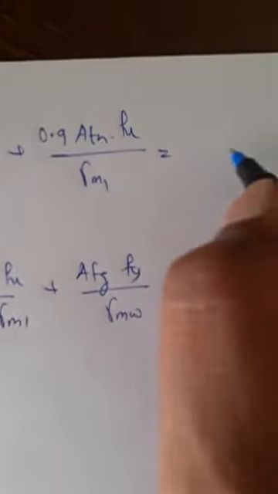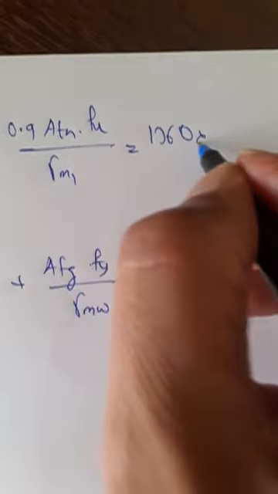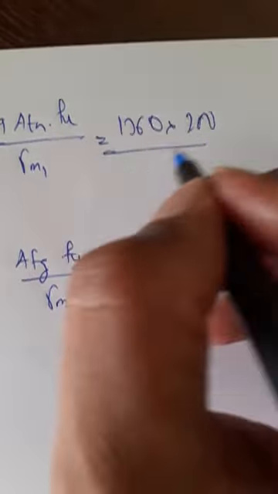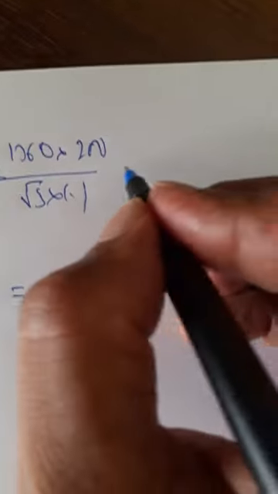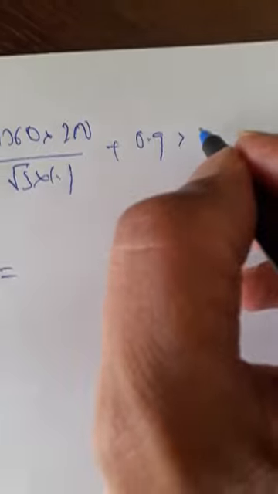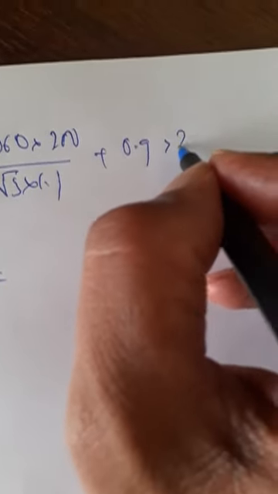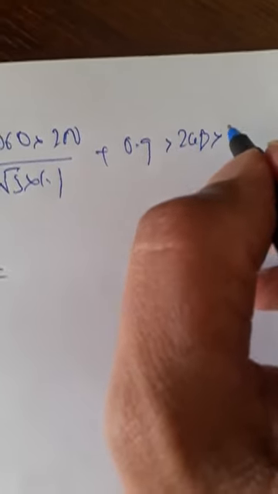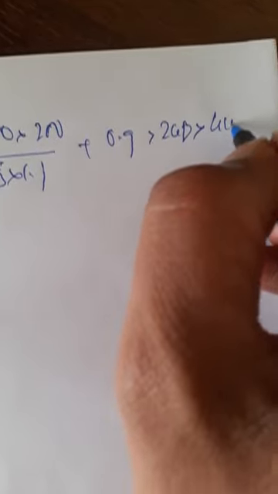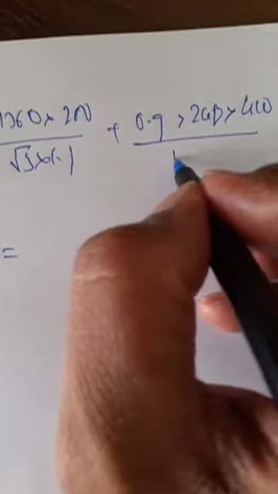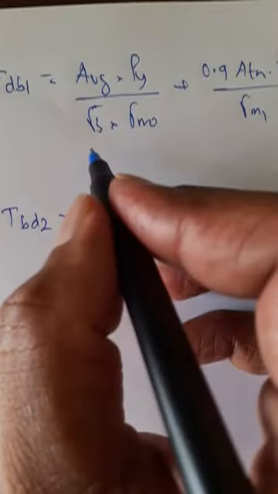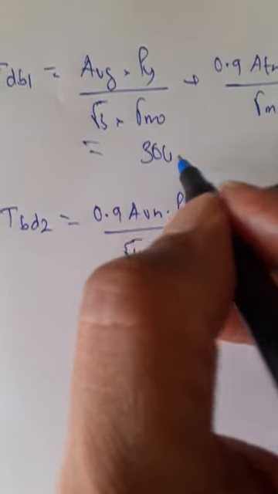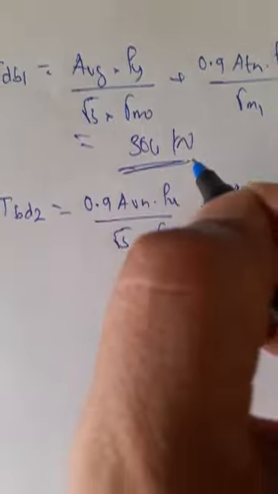AVG into Fy: AVG is 1760 into Fy 250 divided by root 3 into 1.1, plus 0.9 ATN, 248 into Fu 410 divided by gamma m1 1.25. So I get the value 304 kilonewtons.